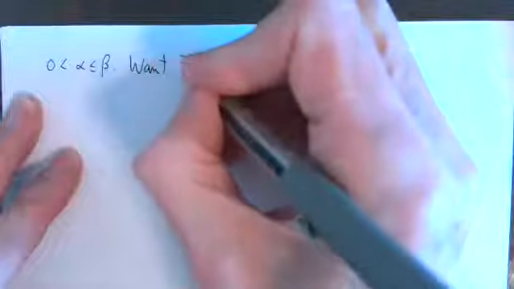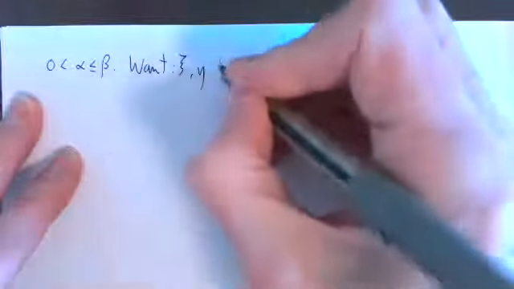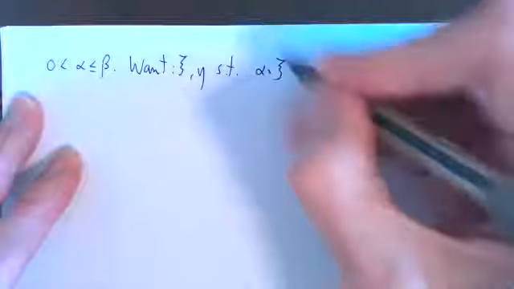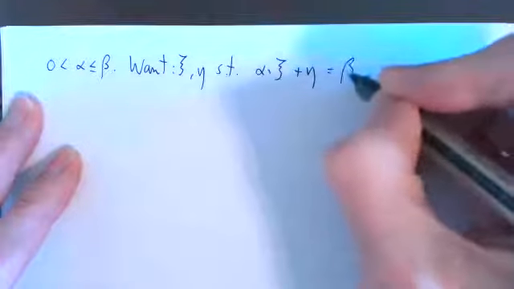So what do we have? 0 less than alpha is less than or equal to beta, and we want psi and eta so that psi lots of alpha plus eta equals beta.